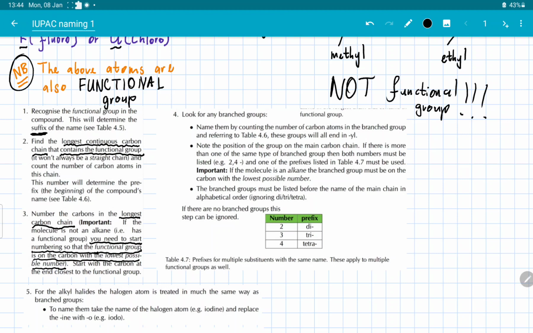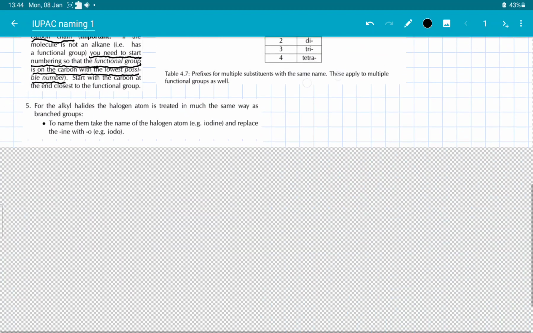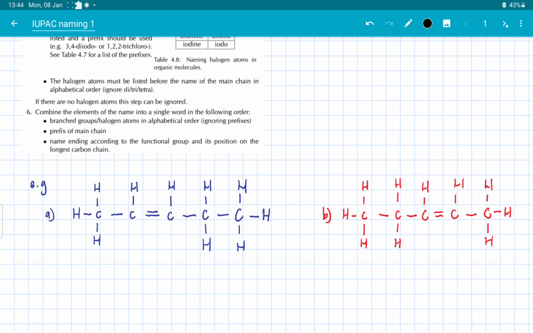These 2 rules, rule 2 and rule 3, are the main important part. We recognize the functional group for rule 1. Rule 2, the longest continuous chain must contain the functional group. Then rule 3, number such that the functional group has the lowest number possible. So let's go to these 2 molecules. If the functional group is a double bond, it must be occupied by the carbon with the lowest number.